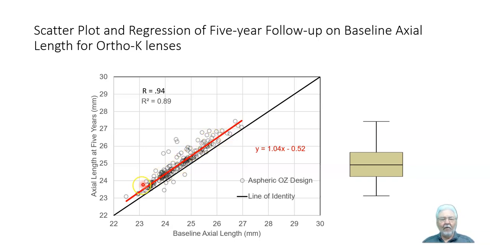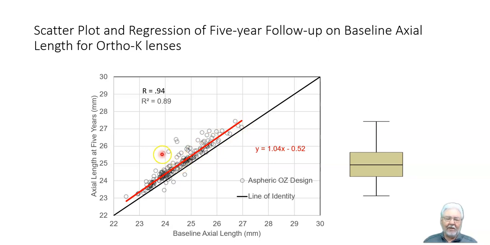Now, not all the points fall on this line. This red line is the best fitting line through all of these points. It uses the method of least squares, and it finds the line where the residuals are minimized, and the residuals are the distances of the points from the line.